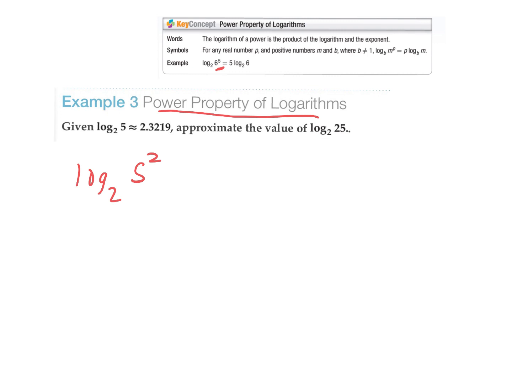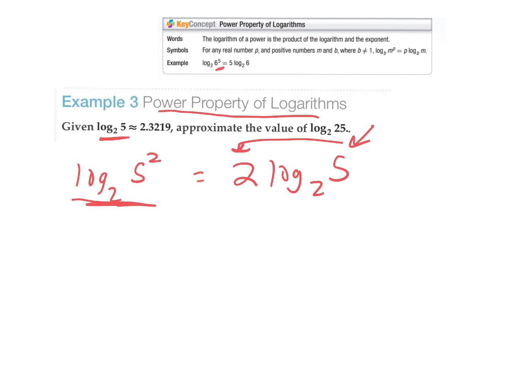And the reason I'm doing the 5 is because we want to make it look like this. Well, this part looks like that, but we have this exponent. The power property means that exponent becomes in front, so times. So all I did was take the exponent that was here and move it in front. That's what the power property means.